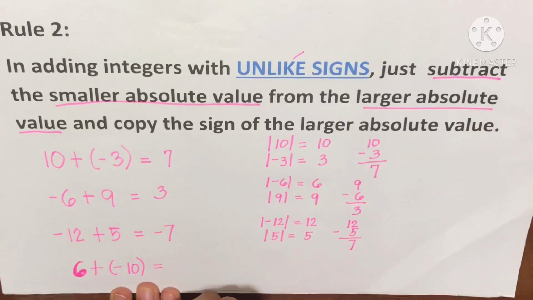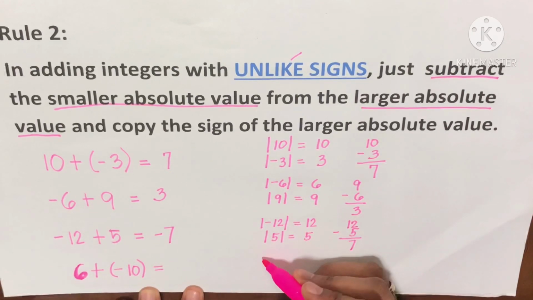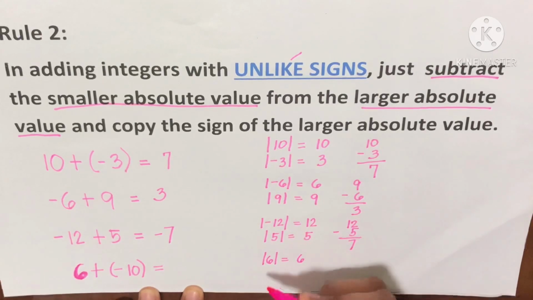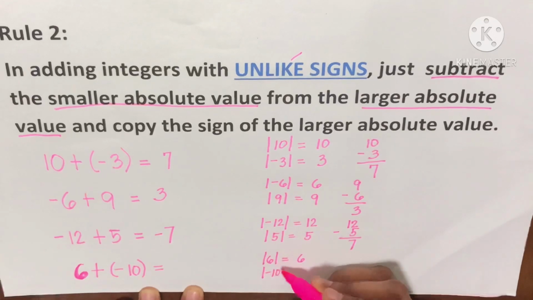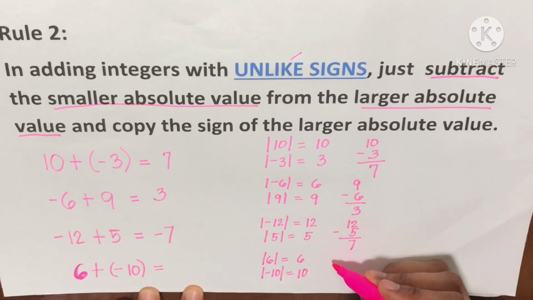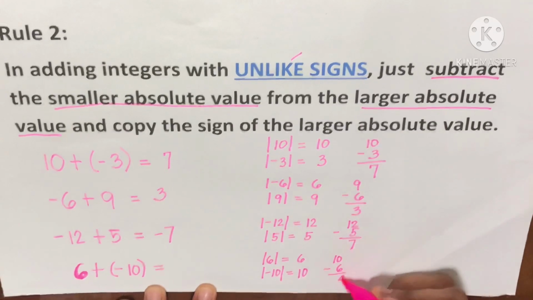So for the last example, 6 plus negative 10. So the absolute value of 6 is positive 6. The absolute value of negative 10 is positive 10. So we will subtract the smaller absolute value from the larger absolute value. So 10 minus 6 equals 4.